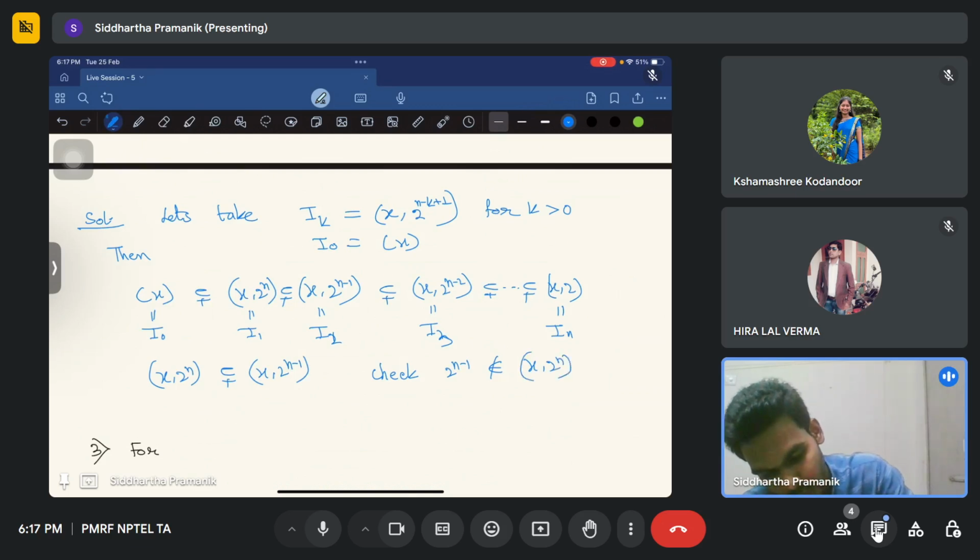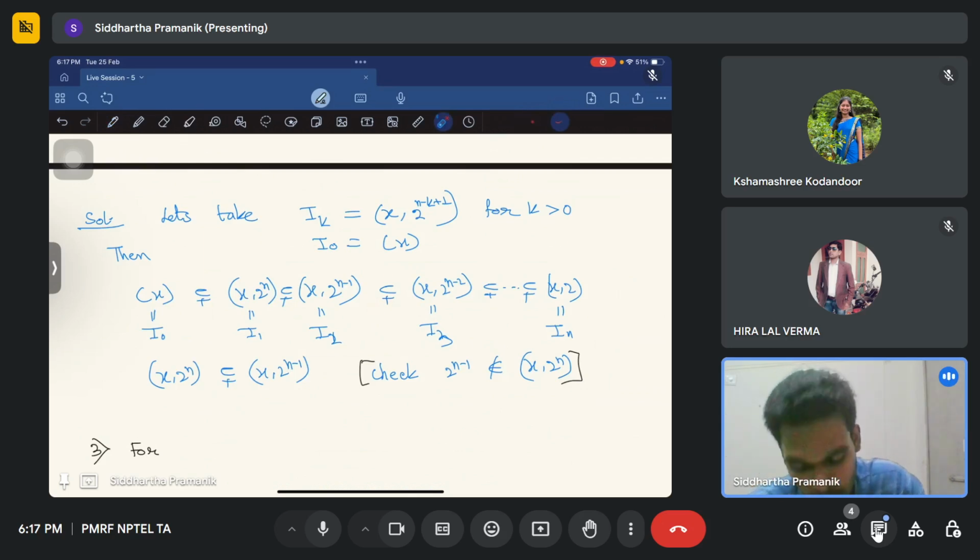That is something you can check. If you can check this, then you will get this proper containment, and this is the same kind of trick you can play in all other containments. So this will give you a strictly ascending chain of ideals of length n. So is it okay?